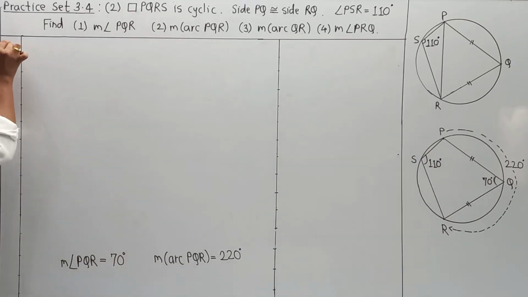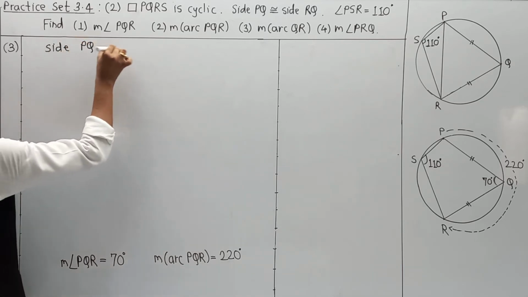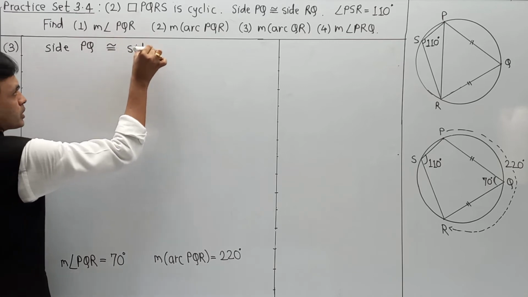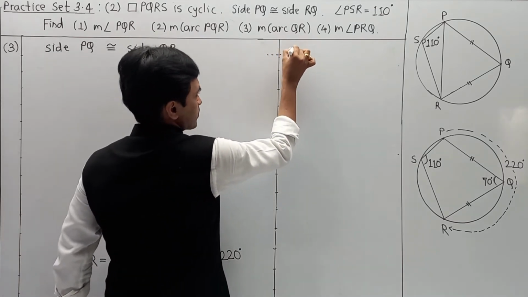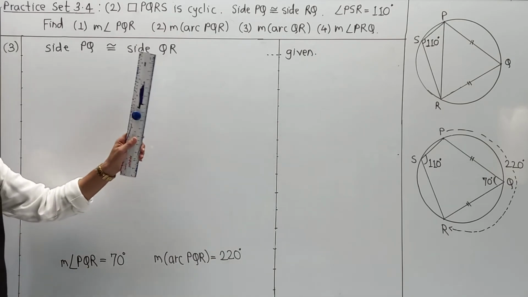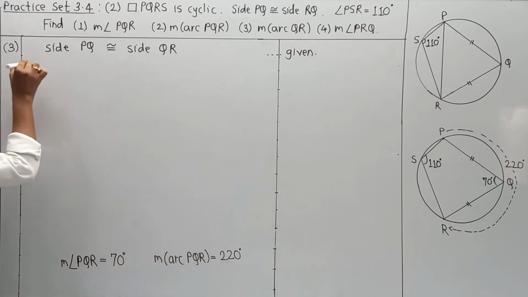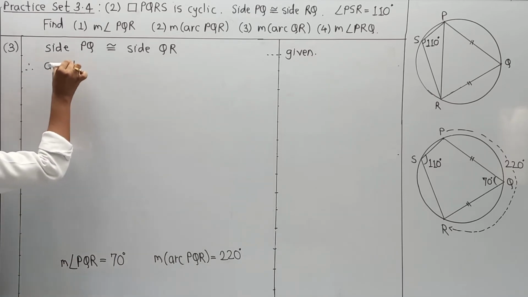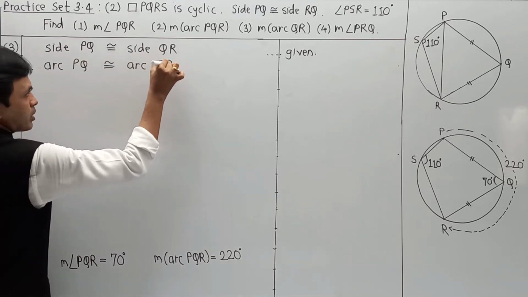So our third part is, as per given, side PQ is congruent to side QR. They have given, so I am going to write it as given. Now the part is, if chords are congruent, then their minor arcs are also congruent. Naturally we can write arc PQ, therefore, arc PQ is congruent to arc QR.